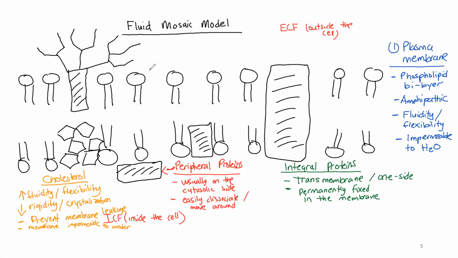Let's look quickly at the remaining two structures. These are glycoproteins and glycolipids. Essentially, when we have carbohydrates stuck to a protein, this is called a glycoprotein.